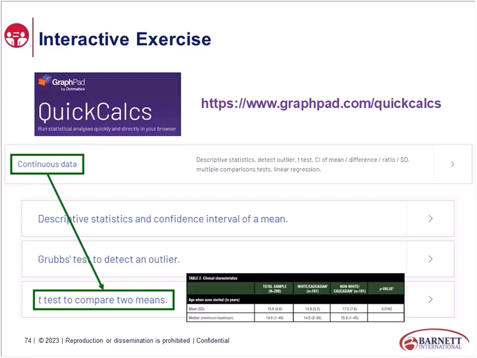And I'm just going to go through an example, reproducing the results I just showed you. So within QuickCalcs, you have to select continuous data. They have categorical data and continuous data. Here we have continuous data, and we want to do a t-test to compare two means. It's user-friendly, and you can actually do this on your own.